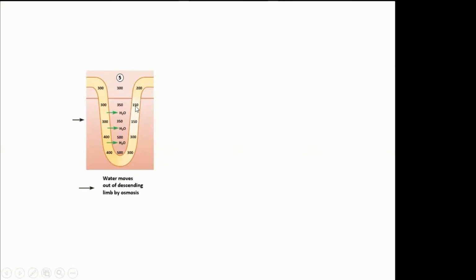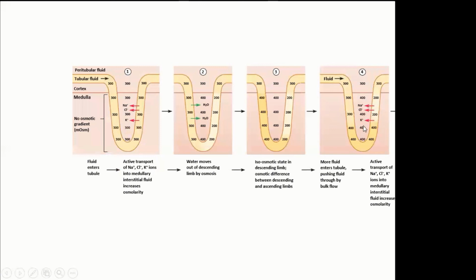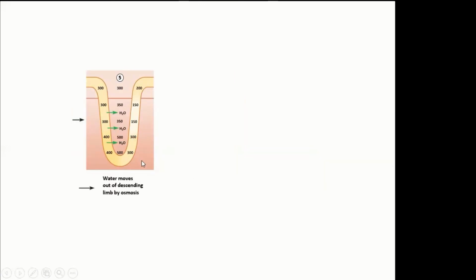We keep having some movement, so now some of that 200 escaped and is in the cortex in this distal tubule part. Okay. So before, everything was at 400 here in the medulla, but now we've started to actively transport those solutes into the medulla. So that's one thing that's changing this concentration here in the medulla.